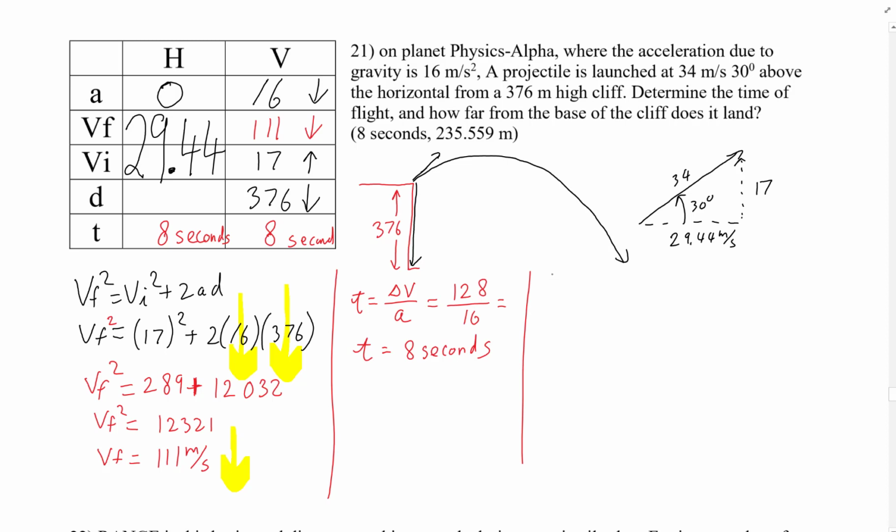And now horizontally, the range is equal to the horizontal velocity times the time. The horizontal velocity is 29.44 times 8.